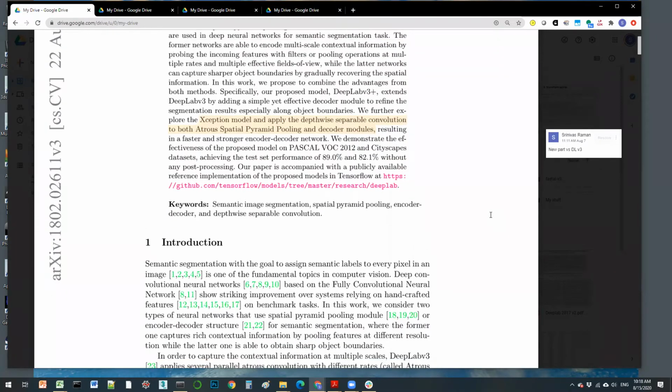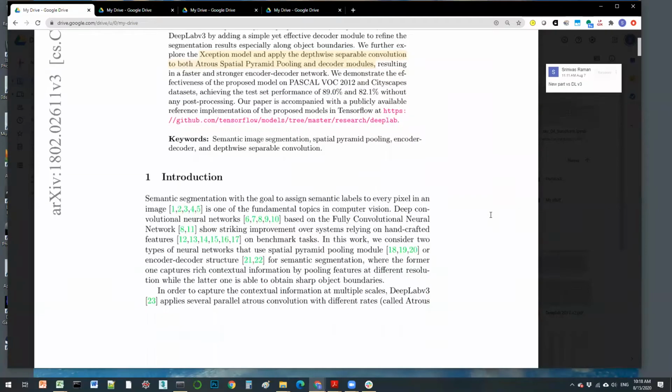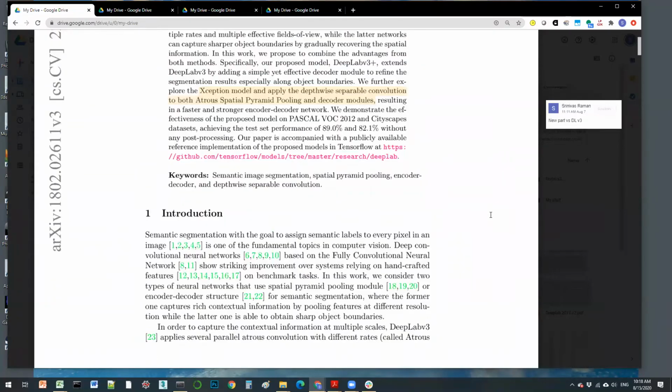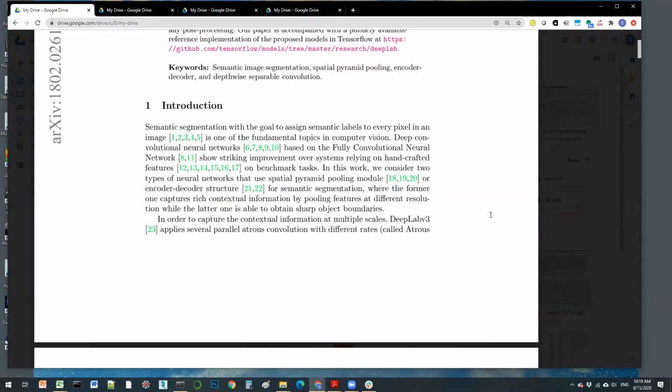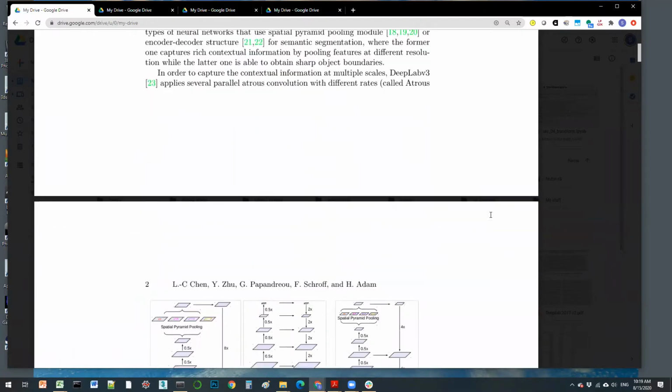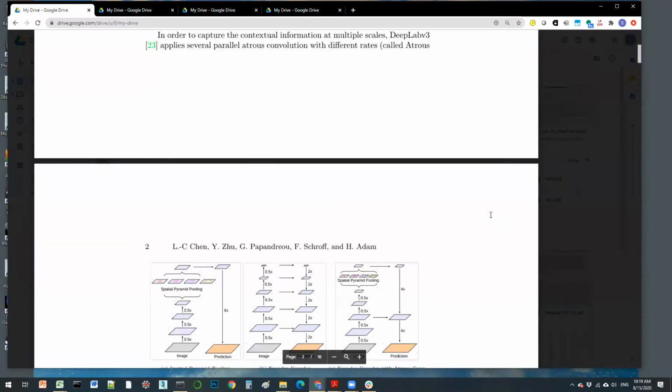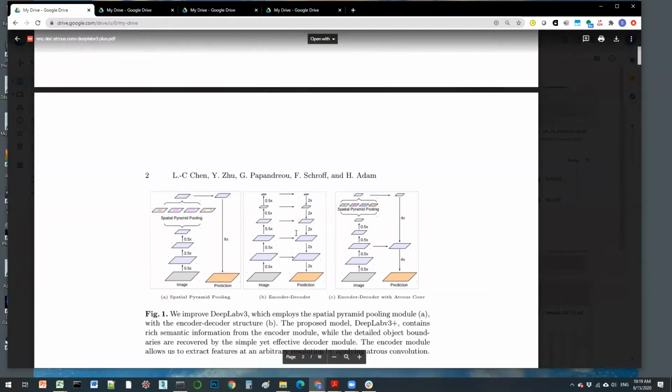If you recall, and I think Steve made the point in our previous discussions, DeepLab v3 Plus compared to v3 adds two key things. One, they use the Xception network as the backbone, and the reason they do that is they want to use depth-wise separable convolution, and we'll get to that in a minute. And the second is that they use an encoder-decoder.